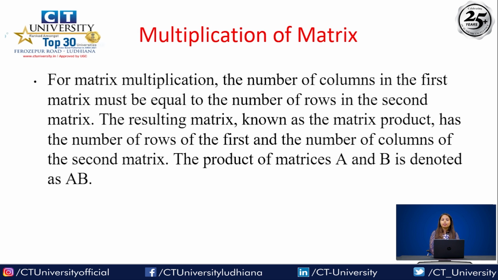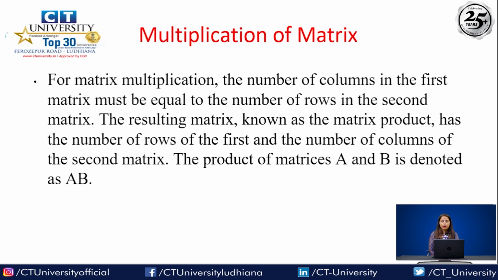Now the next one is multiplication of matrices. How can you multiply two matrices in a very simple way? For matrix multiplication, the number of columns in the first matrix must be equal to the number of rows in the second matrix. This is the condition for the multiplication of matrices.